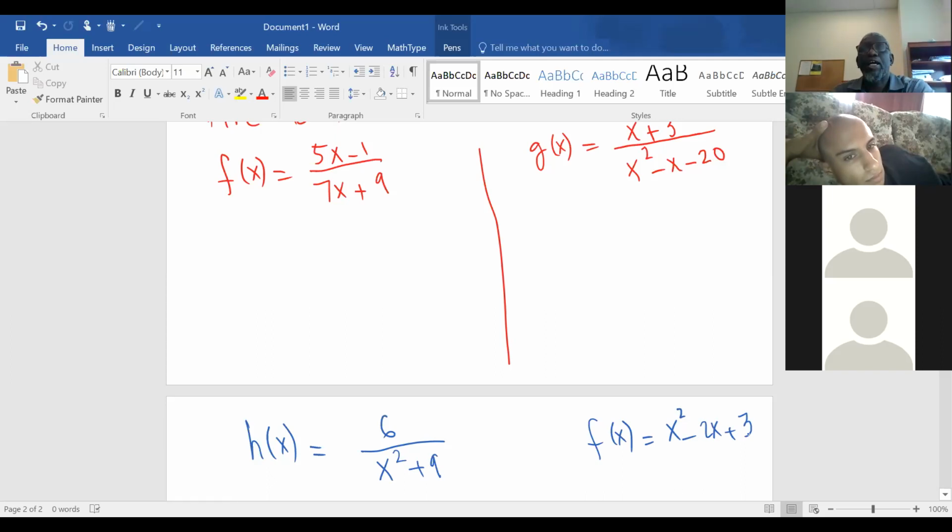So we have 4 functions like that. Each one of them, try to find the domain, right? You see? And write it as an interval.